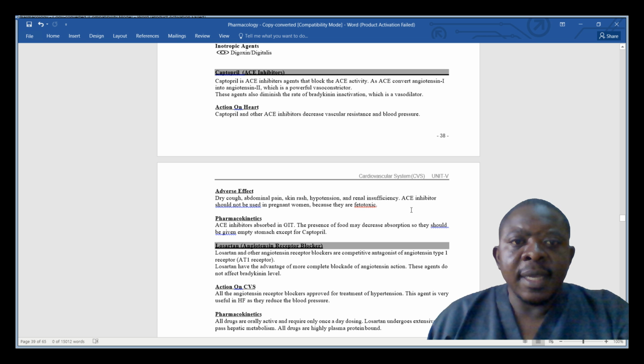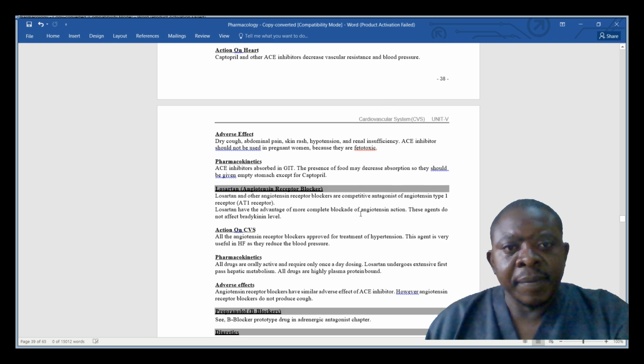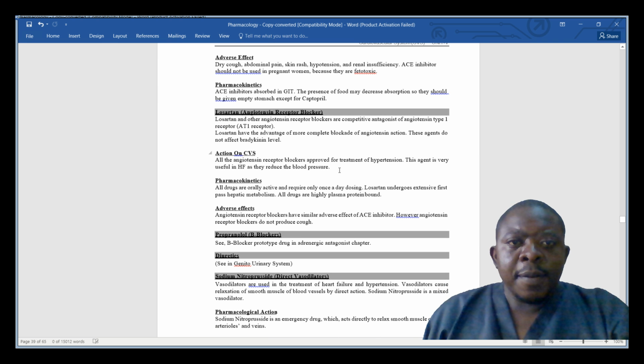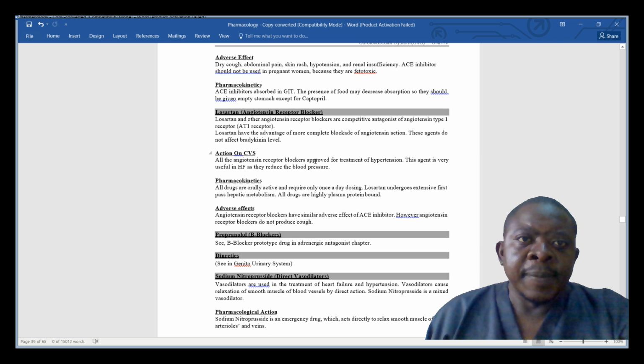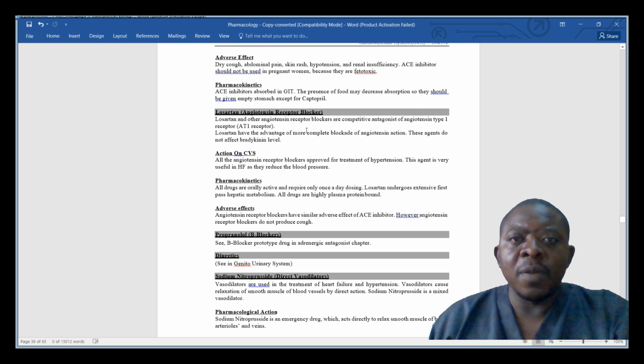ACE inhibitors should not be used in pregnant women because they are fetal toxic. Pharmacokinetics. ACE inhibitors are absorbed in the GIT. The presence of food may decrease absorption, so they should be given on an empty stomach except for captopril.